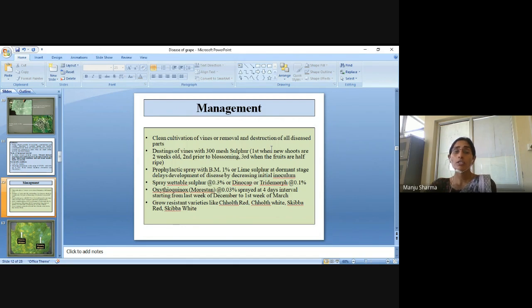So the dusting of vines with 300 mesh sulfur, first when new shoots are 2 weeks old, second prior to blooming, and third when the fruits are half grown. So basically there are different types of treatment which we have to give the grapevine only after a particular time.